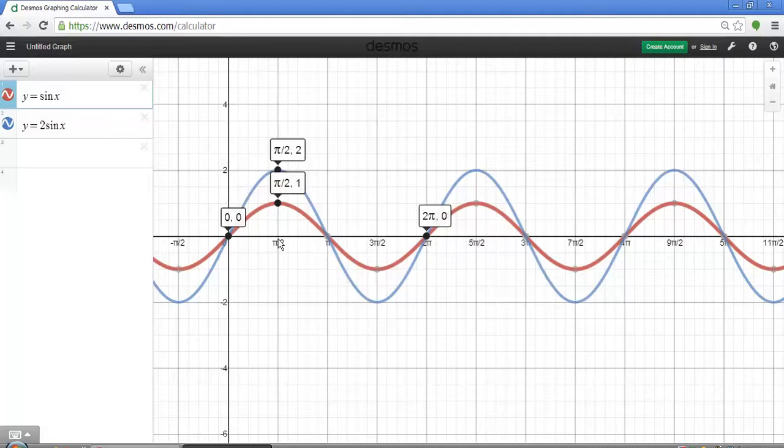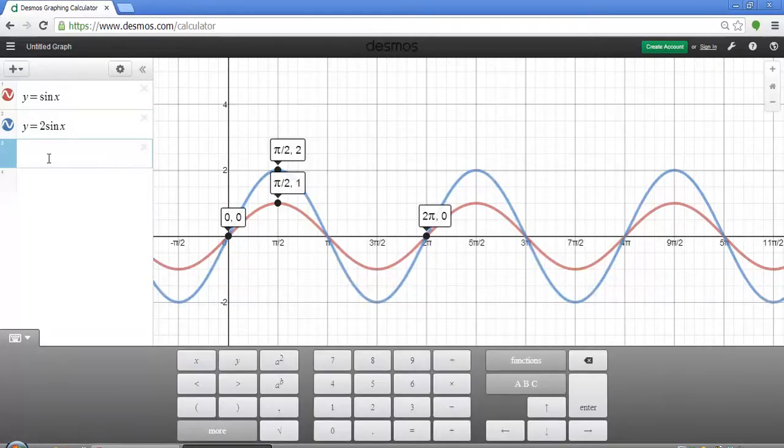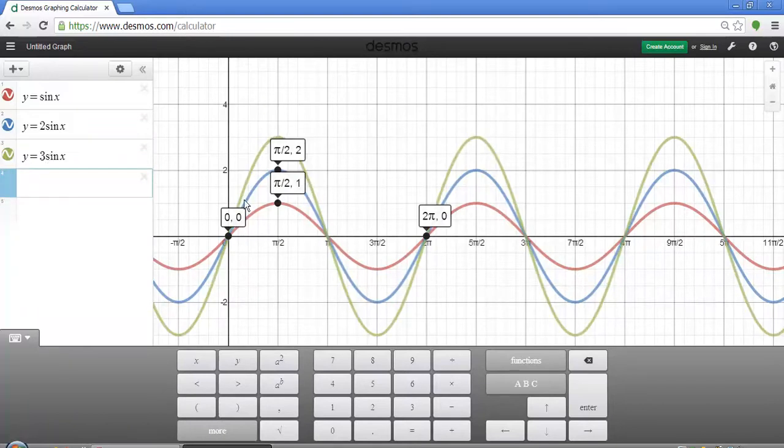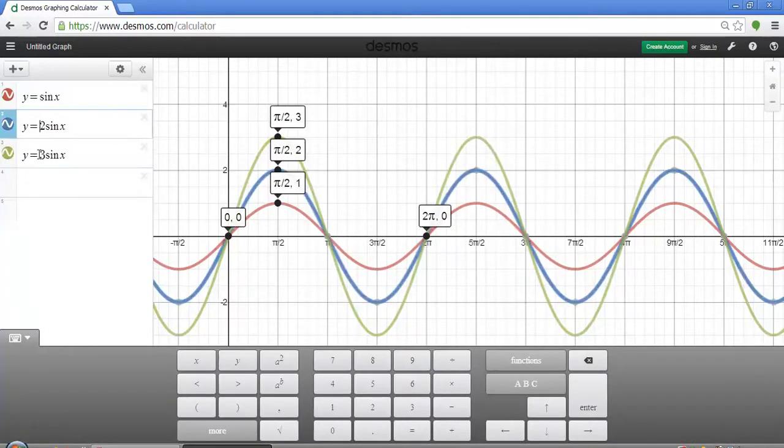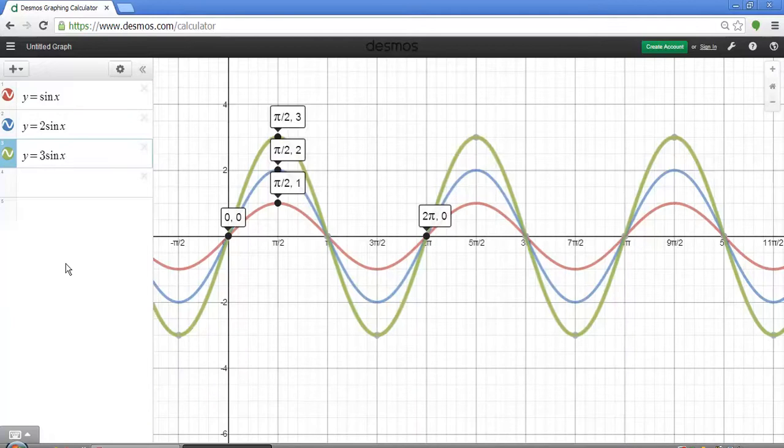It's not moving. We're still talking about the same x values. The period is still 2 pi, right? But it's taller. Same thing would happen if I say y equals 3 sine x. You would expect it to become even taller. It goes all the way up to 3. Right? So when A is greater than 1, the graph is going to expand.